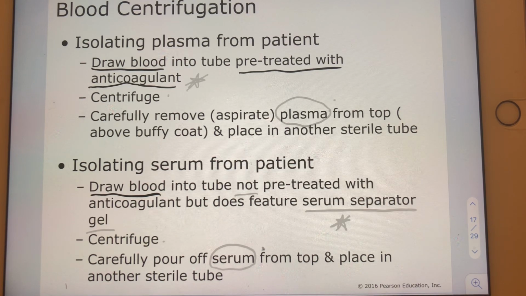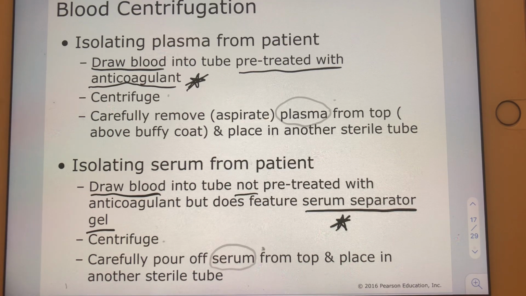Whereas when we're isolating serum from a patient, maybe the same patient, we're drawing blood into a test tube that is not already pre-treated with anticoagulant, but is pre-treated with serum separator gel. So a test tube that's going to isolate plasma is pre-treated with anticoagulant, and a test tube that's going to allow us to isolate serum is pre-treated with serum separator gel.